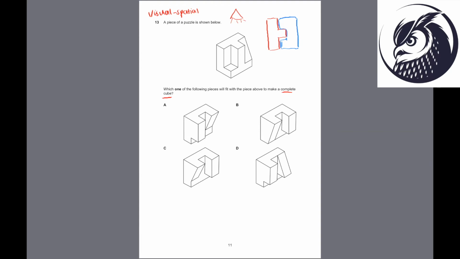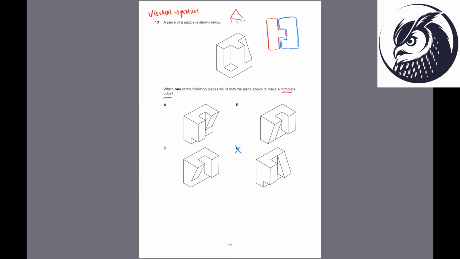Now, if you look at our answer options, the only one that's not a C shape from the top is actually answer option D. Answer option D is only an L shape. So therefore, I already know we can cross out answer option D, simply because the bird's eye view does not show a C shape. So that's the first step.